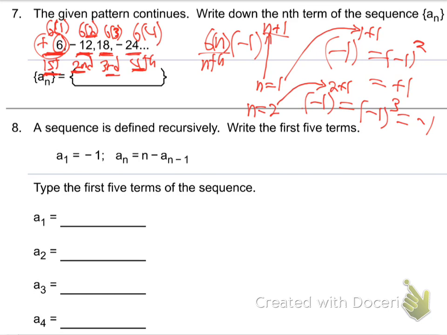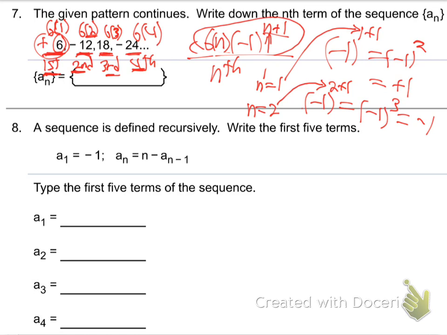So there it is, the formula for that sequence of numbers. What's under the 6n? Nth. I just wrote nth. That's the nth term, the formula for finding the nth term.